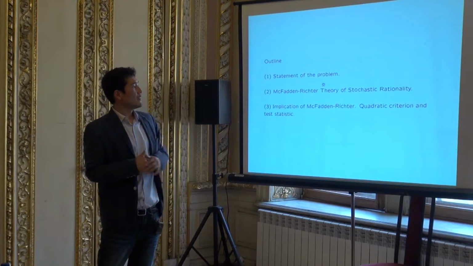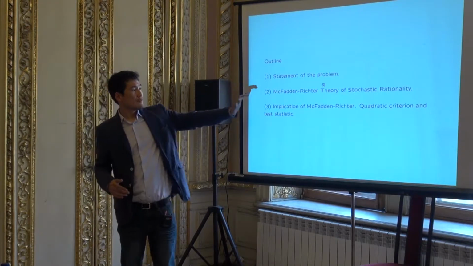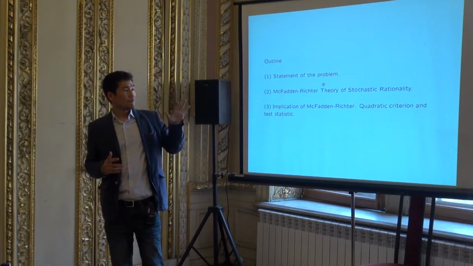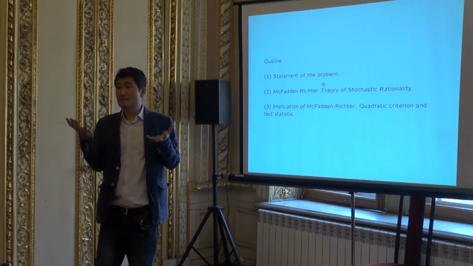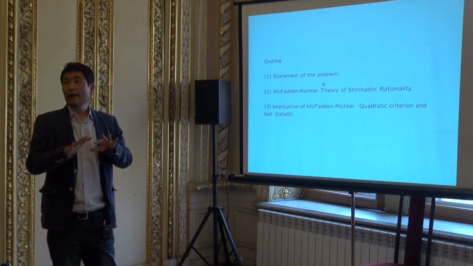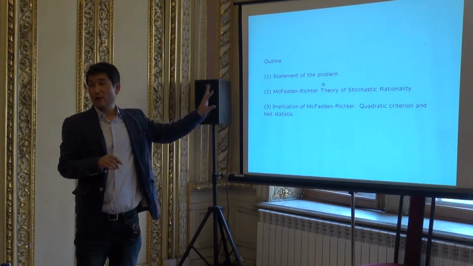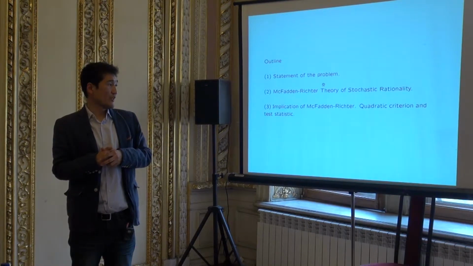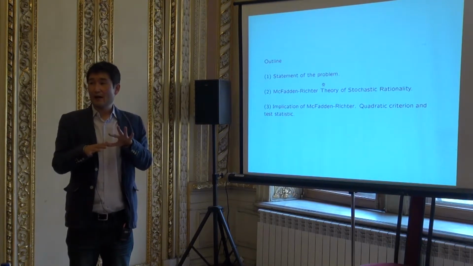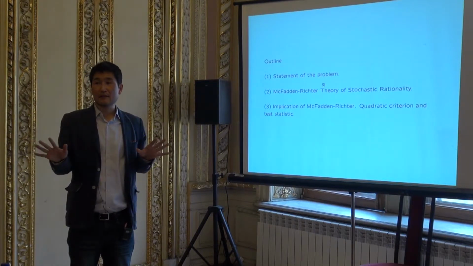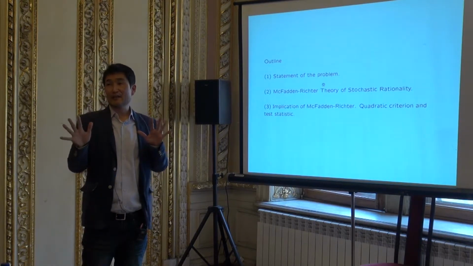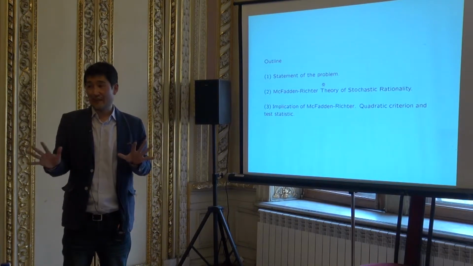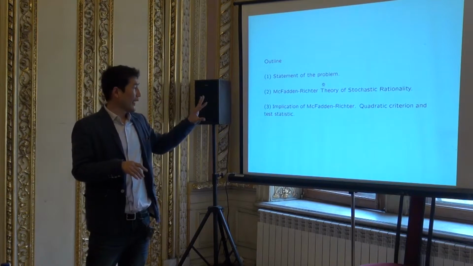This is based on the classic research by McFadden and Richter about so-called stochastic rationality. At this point, you don't have to know exactly what they mean by stochastic rationality. But if you know the really basic microeconomics 101 type revealed preference theory, that's enough. The rest I'm going to explain.